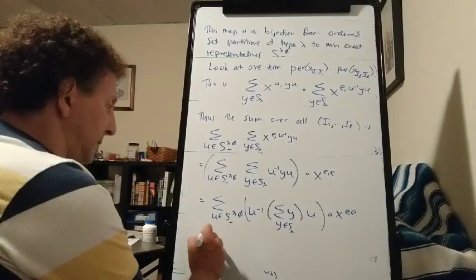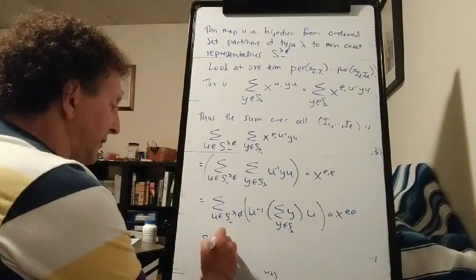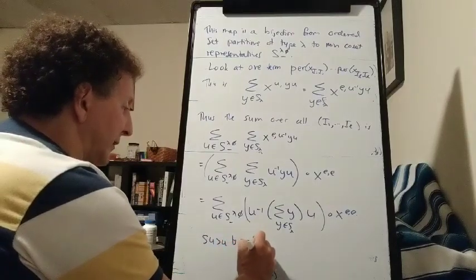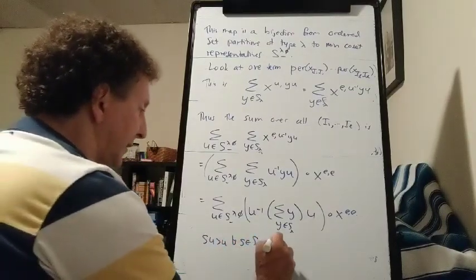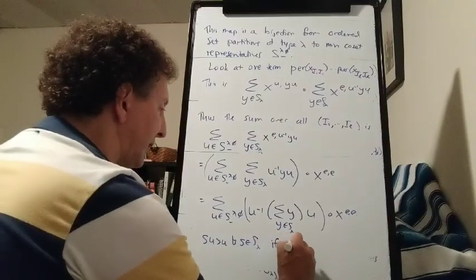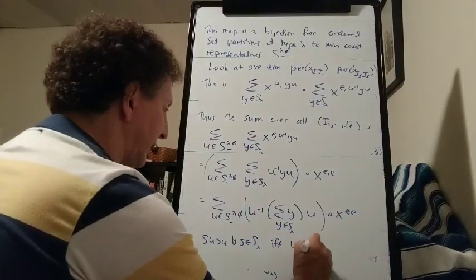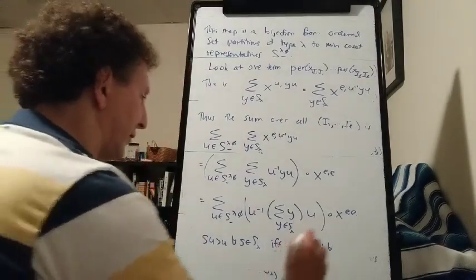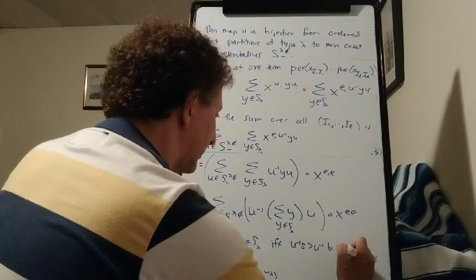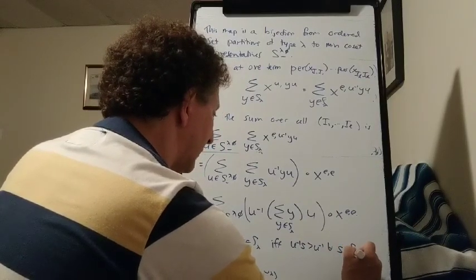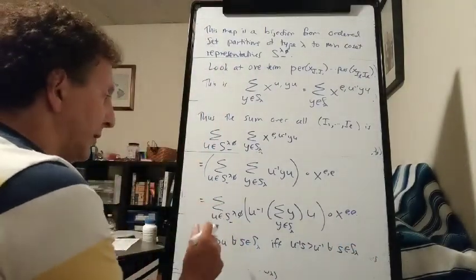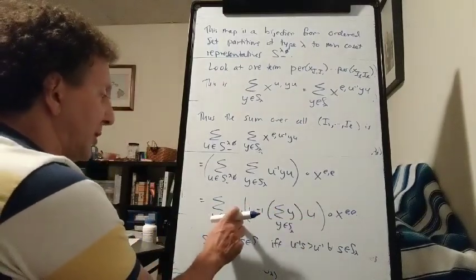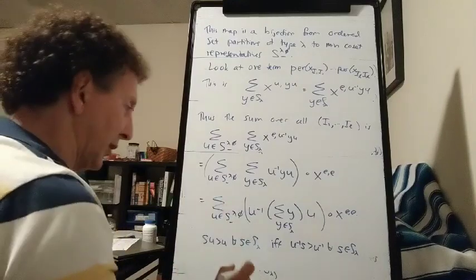Now, su is greater than u for all s in the Young subgroup if and only if u inverse s is greater than u inverse for all s in the Young subgroup. So we can swap the u and the u inverse here just by switching left cosets with right cosets.